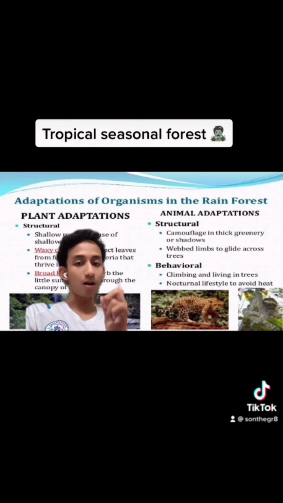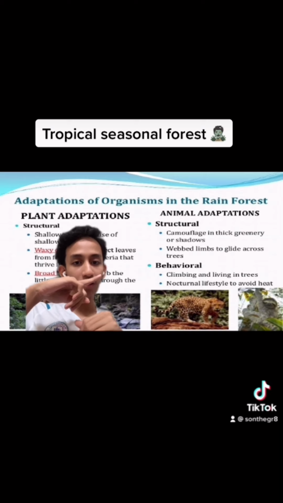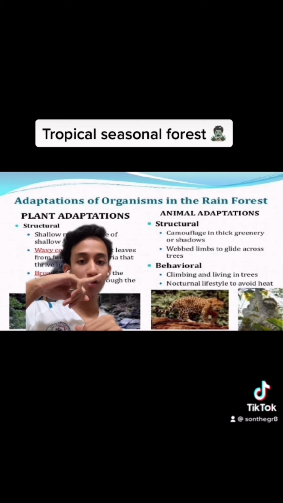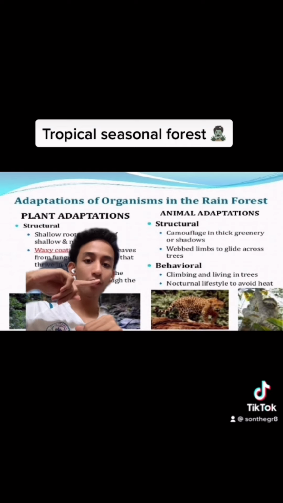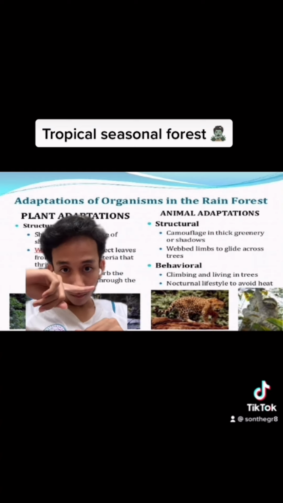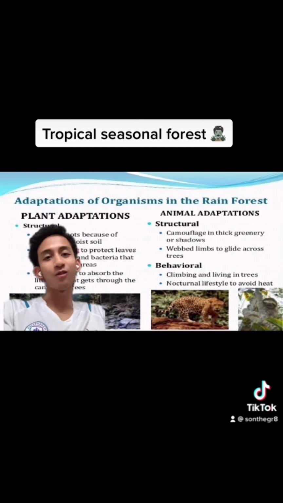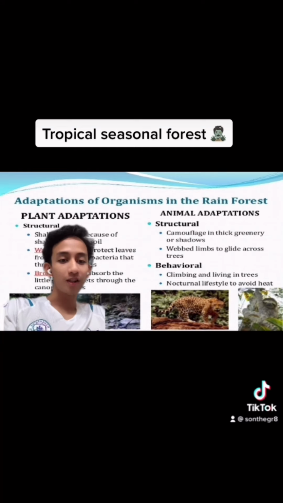This is an example of adaptation that I found. The animal adaptation is structural, such as camouflage in thick greenery or shadows, webbed limbs to glide across trees, while behavioral adaptations include climbing and living in trees, and a nocturnal lifestyle to avoid heat.